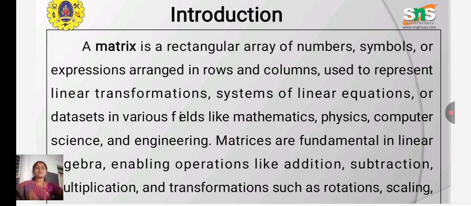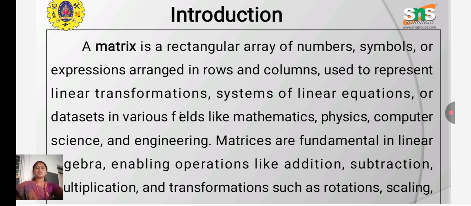So, a matrix is a rectangular array of numbers, symbols or expressions arranged in rows and columns, used to represent linear transformations, systems of linear equations or data sets in various fields like mathematics, physics, computer science and engineering.